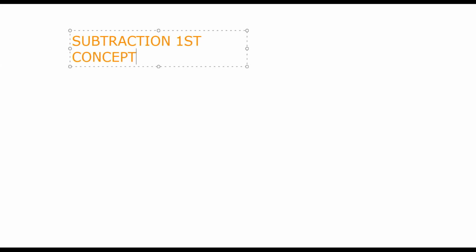Okay, so subtraction is also a bit like the addition. So to understand the concept of subtraction, let's take the first steps of our addition. The first step of the subtraction is also the same: to see the denominators.